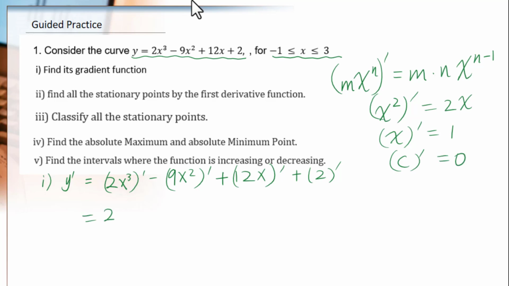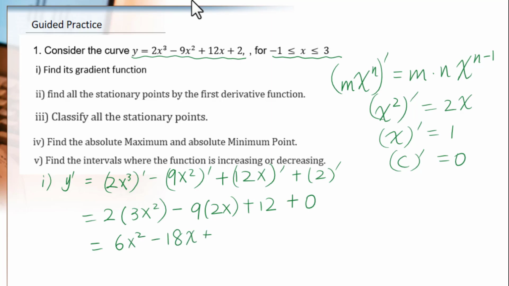So we have 2 times 3x squared minus 9 times 2x plus 12, then plus 0 equals 6x squared minus 18x plus 12.